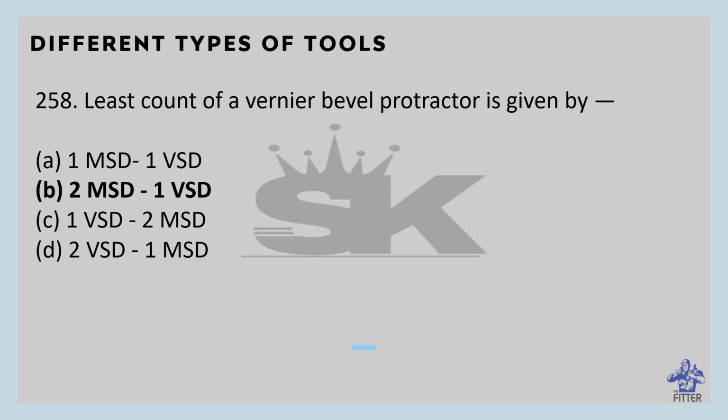So the least count is 2 MSD, which is 24 by 12 degree, minus 1 VSD, that is 23 by 12 degree. That equals around 1 by 12 degree or 5 minutes. So the least count of vernier bevel protractor is 5 minutes.